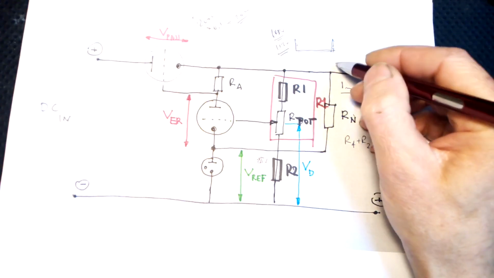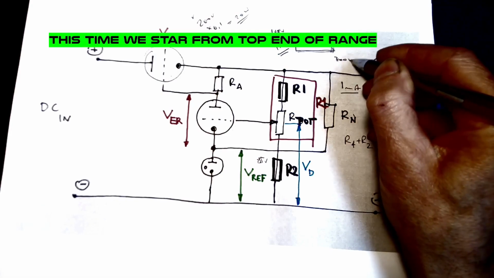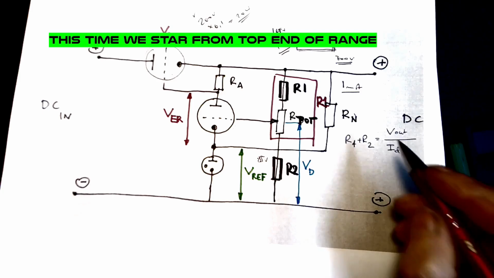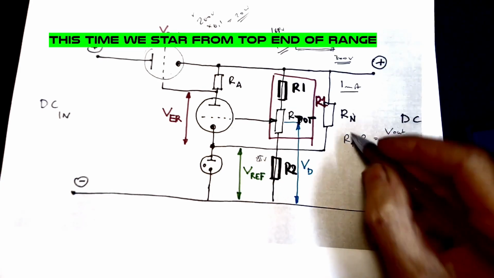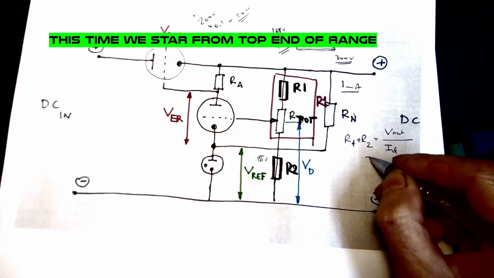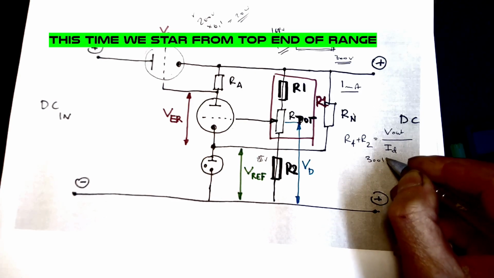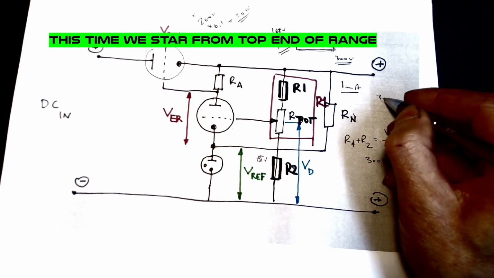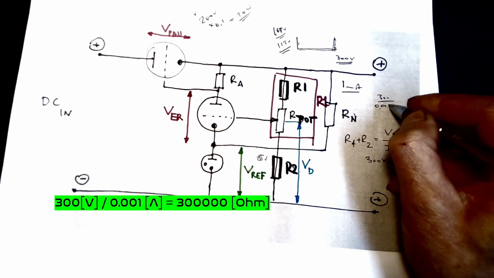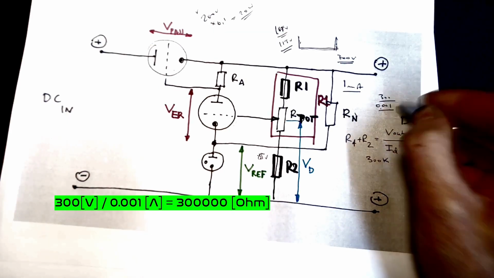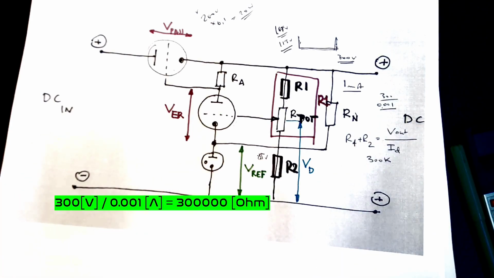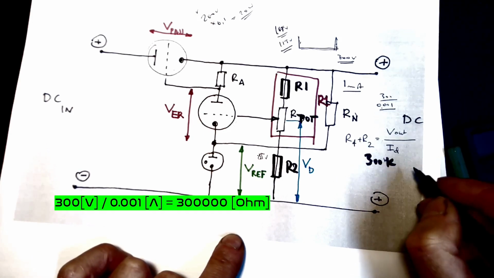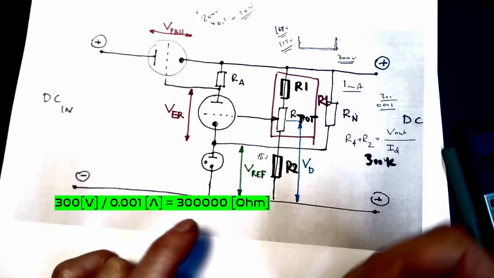So if we want to use in the highest point 300 volt of the range, our voltage divider should have 300 volts, 300 divided by... I don't know, is it visible or not. Okay, we came with results of 300 kilo ohms for the full voltage divider.